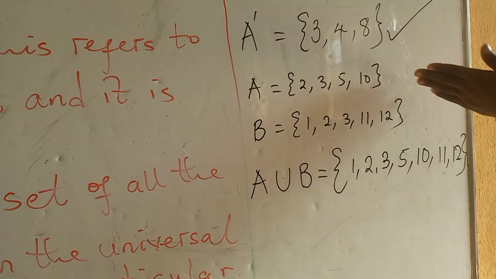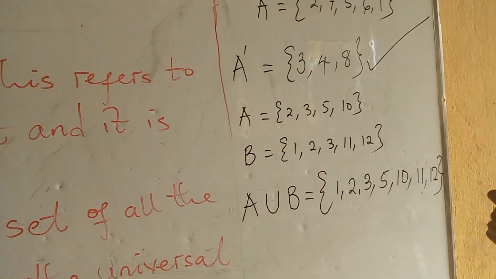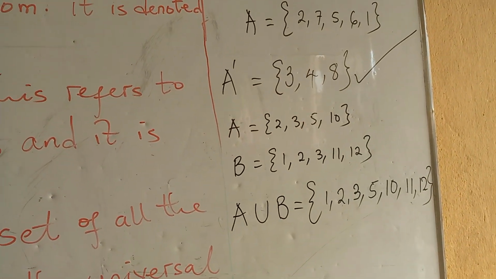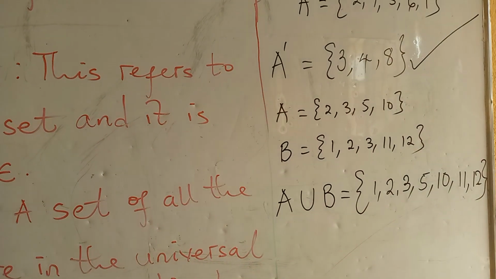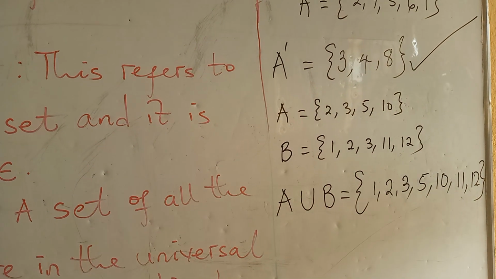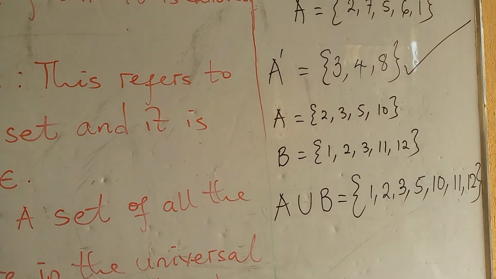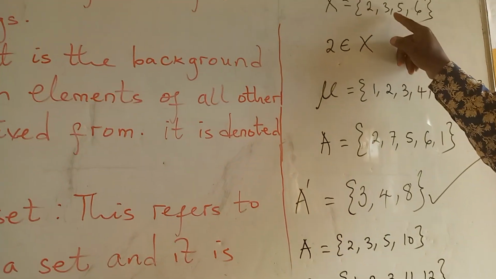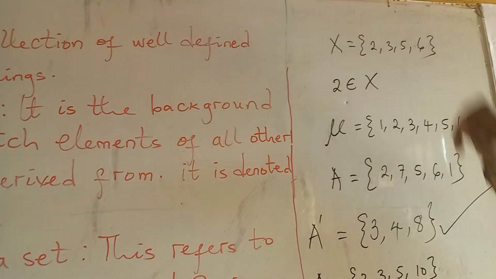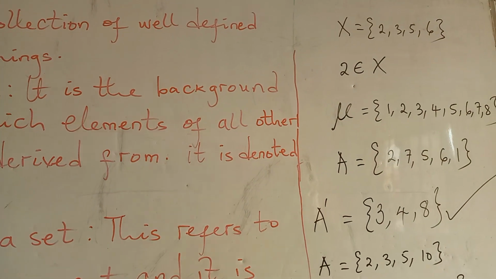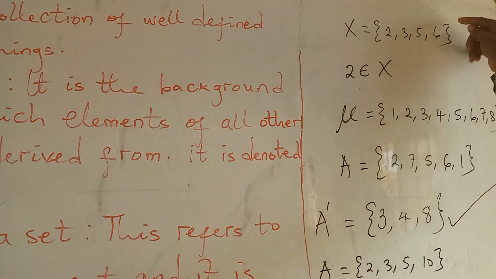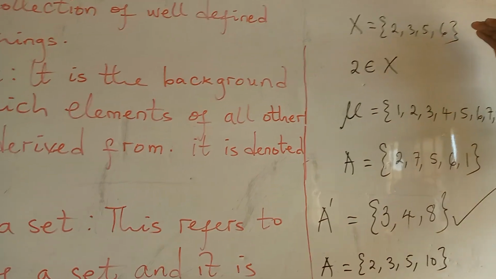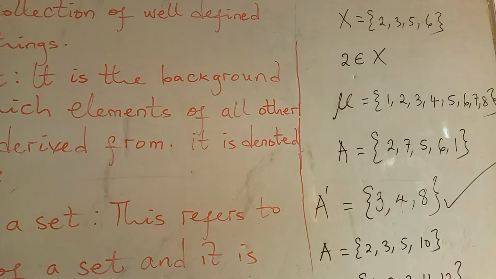A set of all the elements that are in the two of them without repetition. You do not repeat an element. That's what union of two or more sets is all about. And you notice something. When listing the elements of a set, each element is separated with comma, and then we put the elements in curly bracket. So this is the only bracket that we use in naming a set.